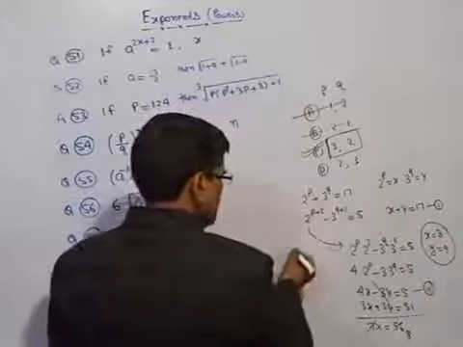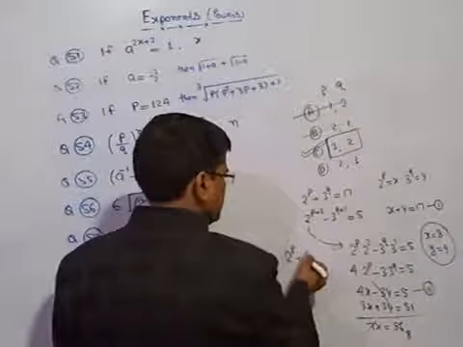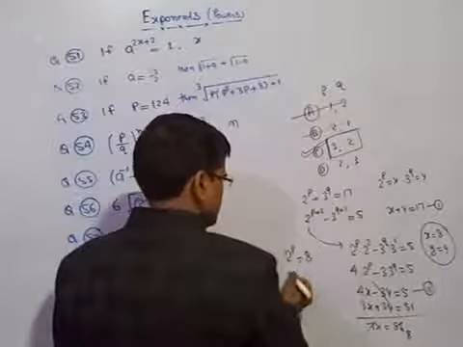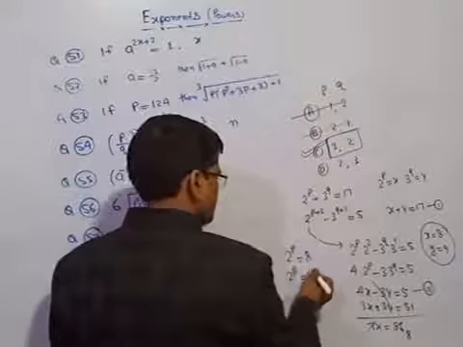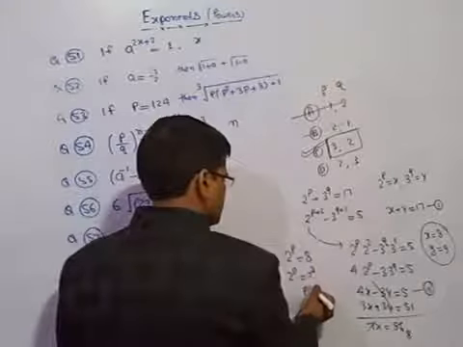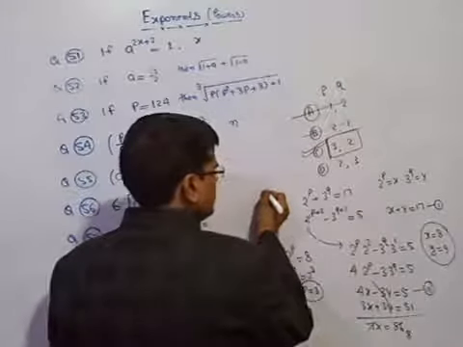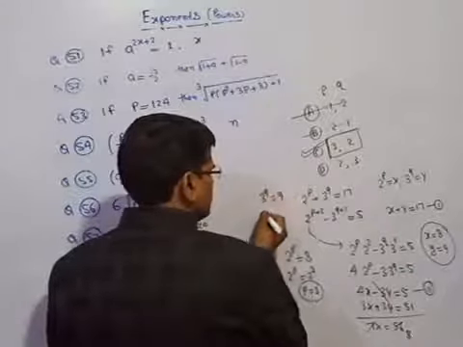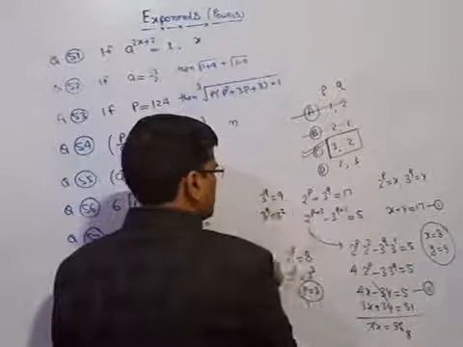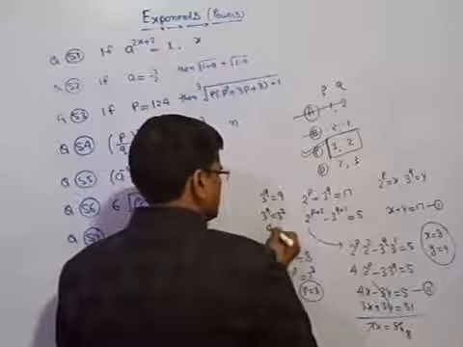Now 2 to the power p equals 8, so 2 to the power p equals 2 to the power 3. Then p equals 3. Now 3 to the power q equals 9, so 3 to the power q equals 3 to the power 2. Comparing powers, q equals 2.